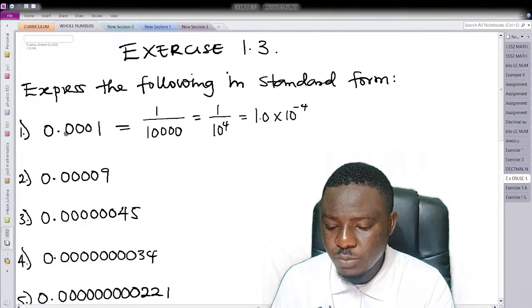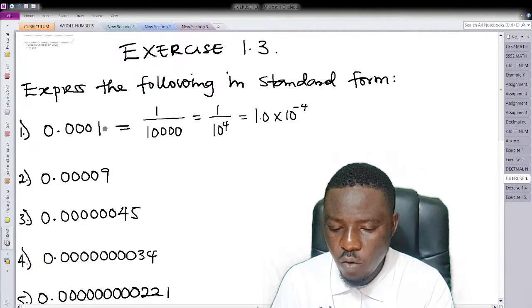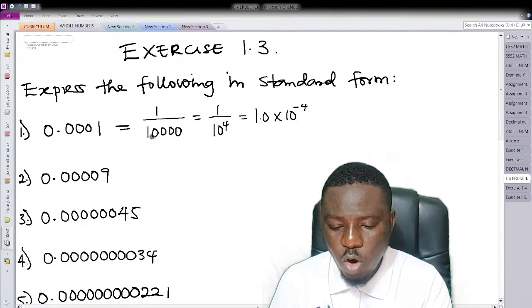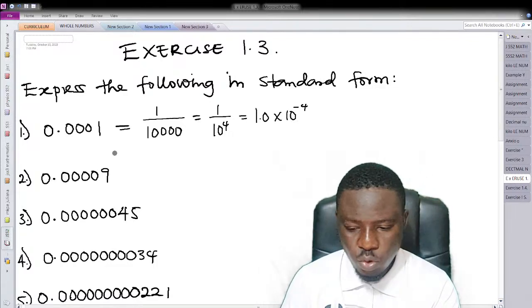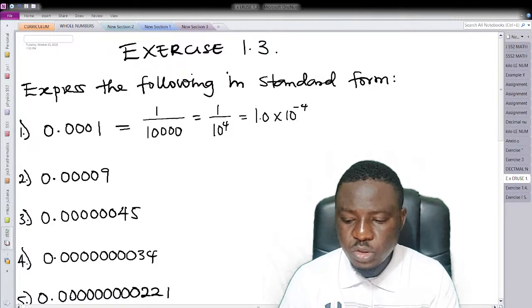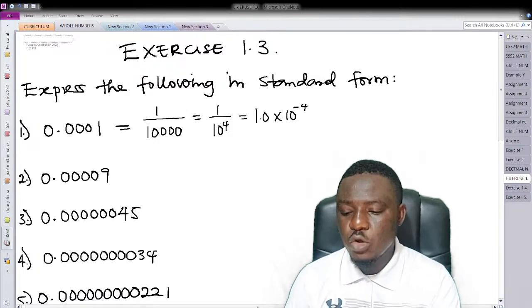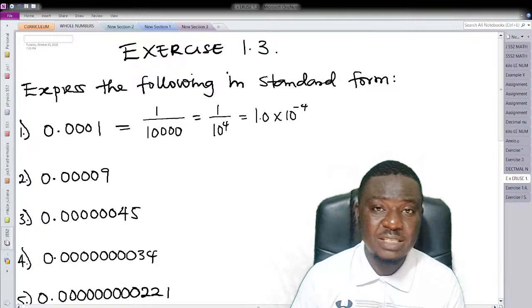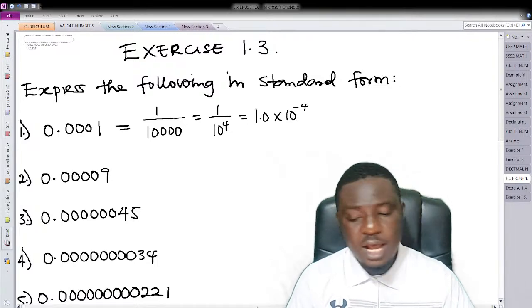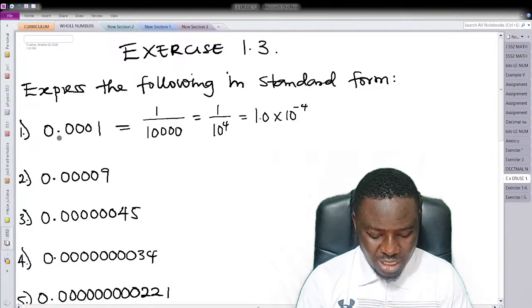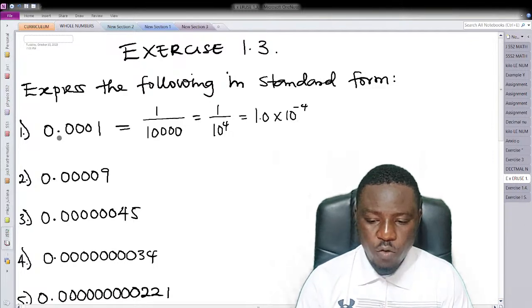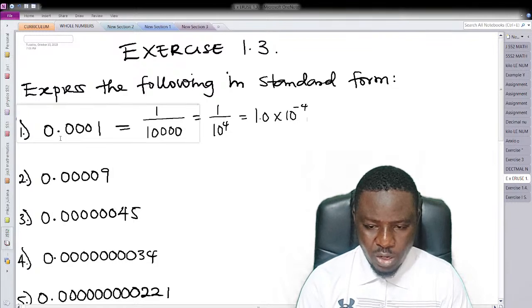So this becomes 1, 2, 3, 4, and this becomes 1 and 4 zeros. Another school of thought says you put a 1 where you have the decimal point, and every other digit represents a 0. So that is how I got 1 over 10,000. So let's work that out.